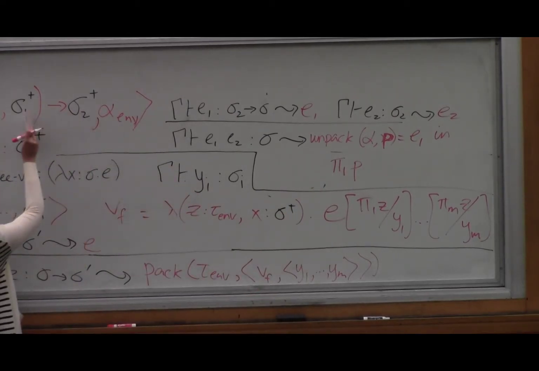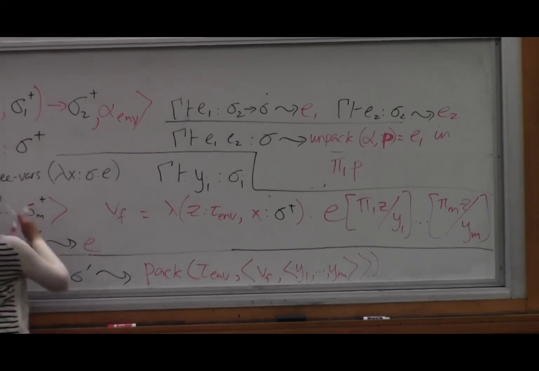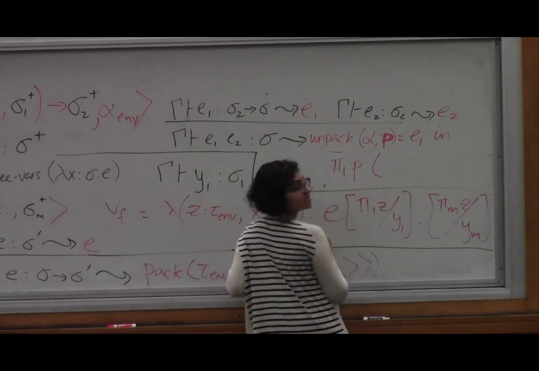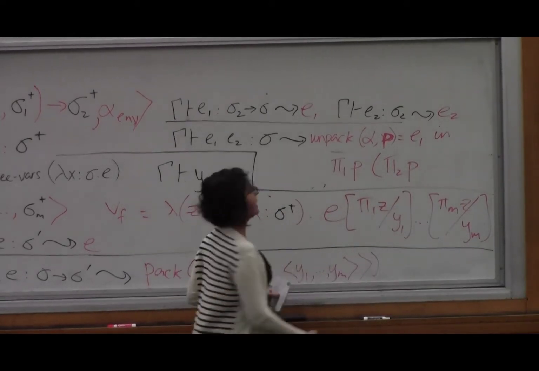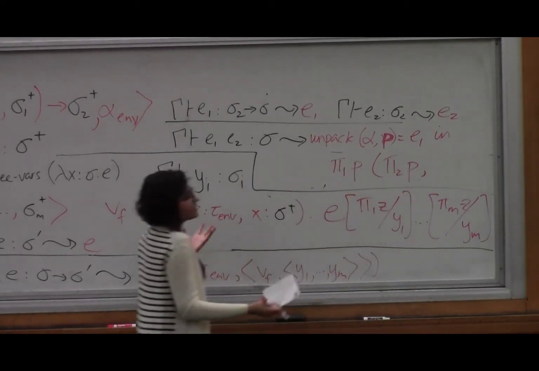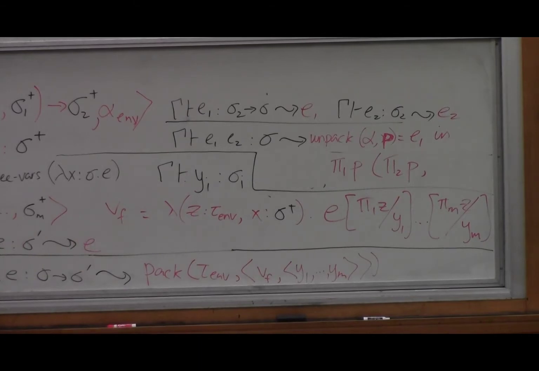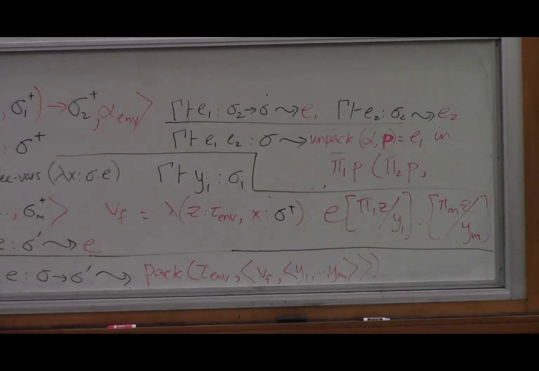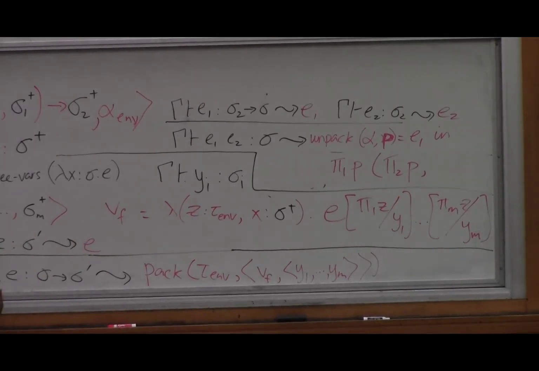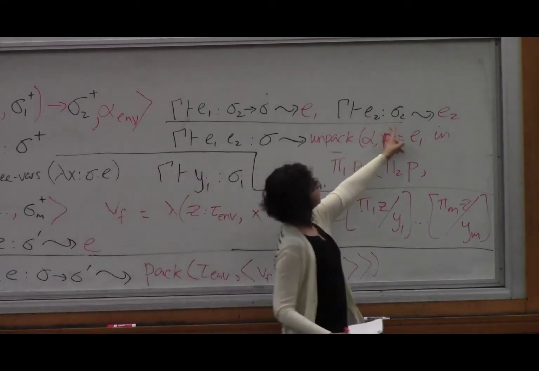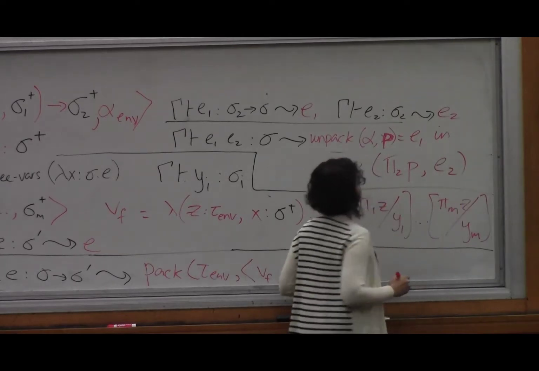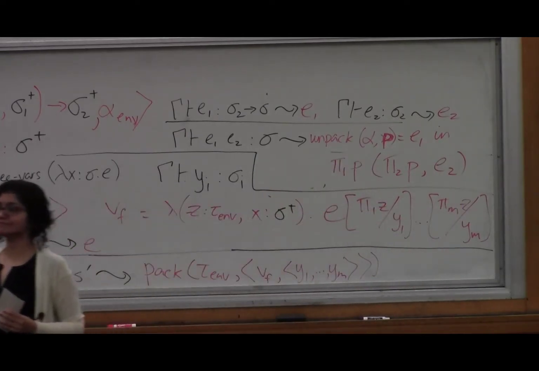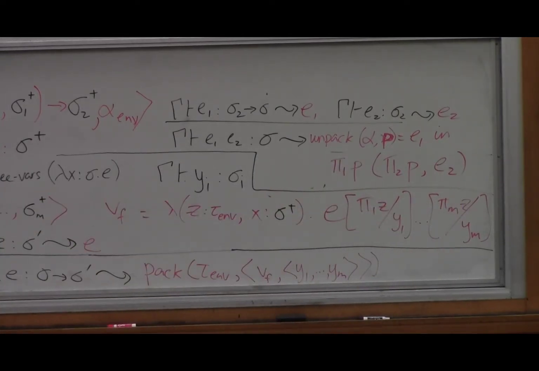What does the function want? It wants two inputs. We apply it to the first input, which we get by projecting out of the pair, that is the environment. And the second input, where's my actual argument of type sigma 2 plus? Right here. That is just going to be E2. Good?